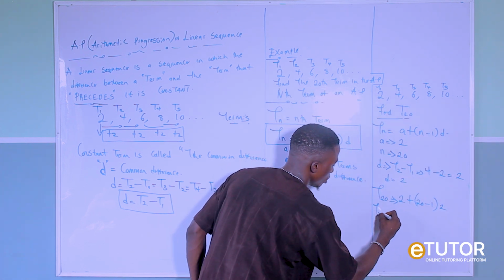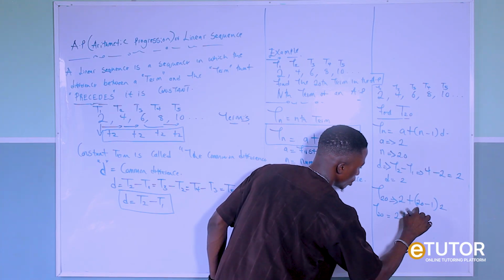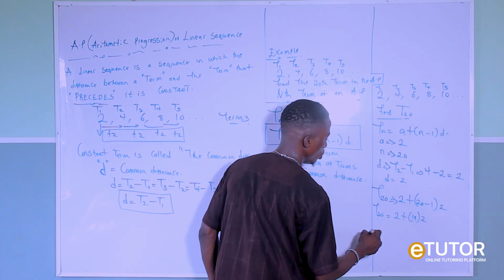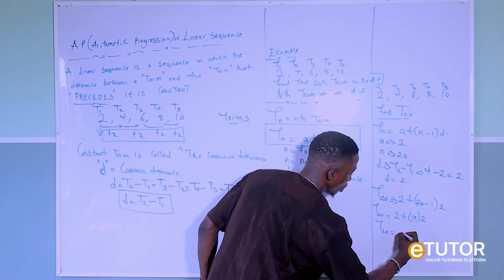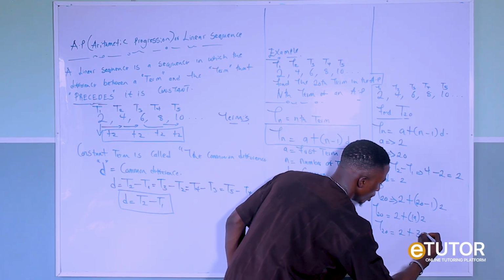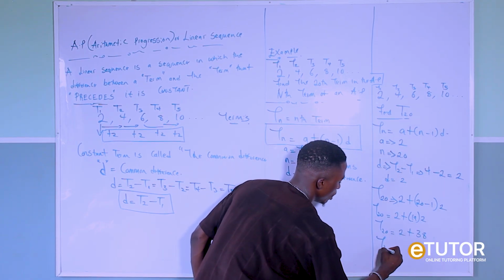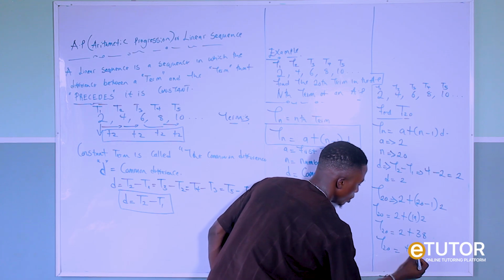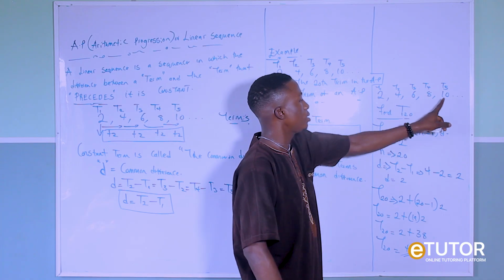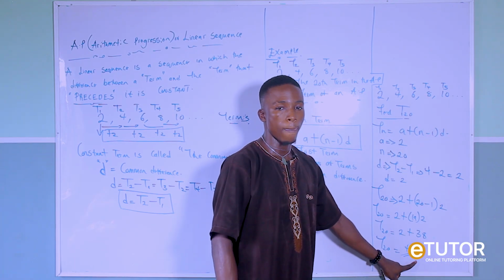So my T20 equals 2 plus 19 multiplied by 2. So we have T20 equals 2 plus 38. So my T20 equals 40. So the 20th term of this AP is 40.